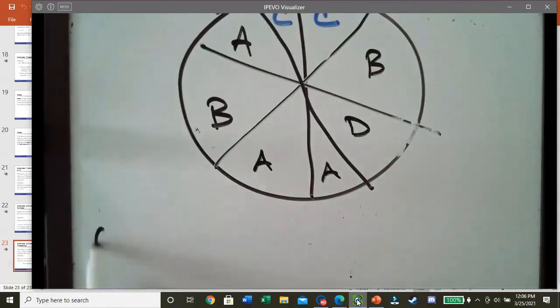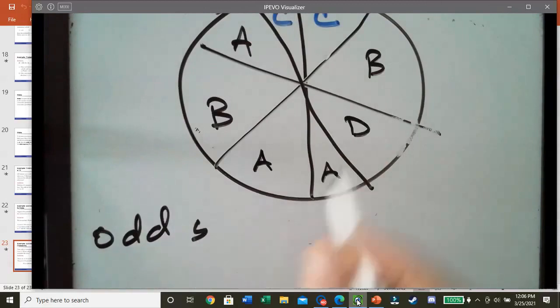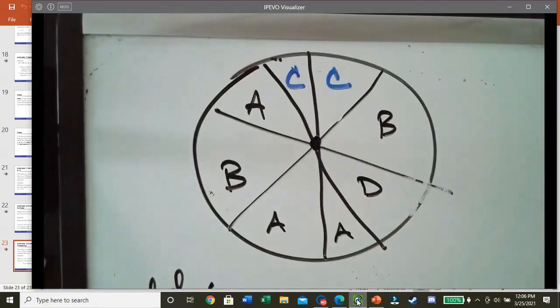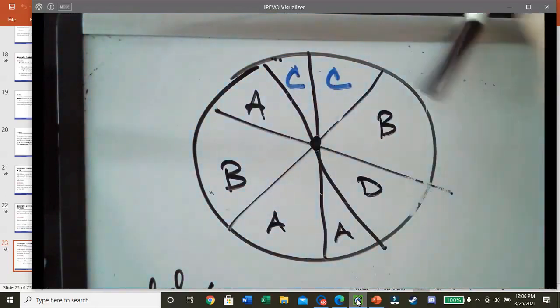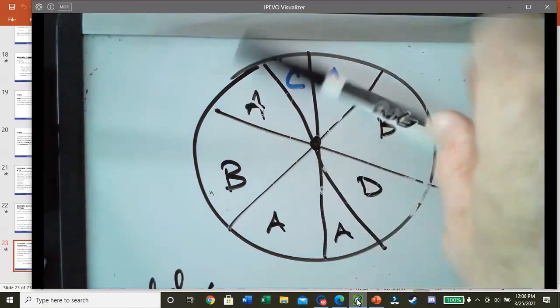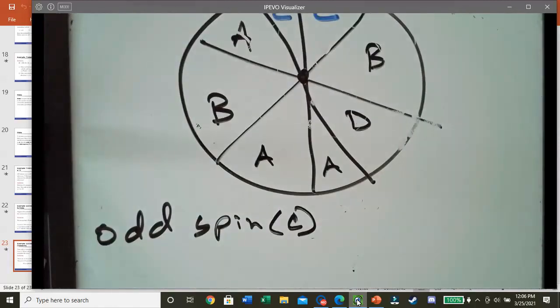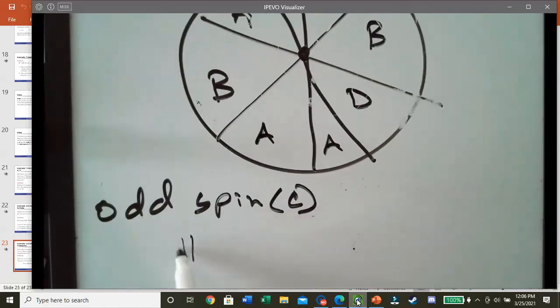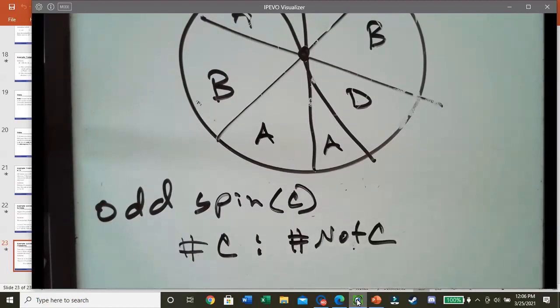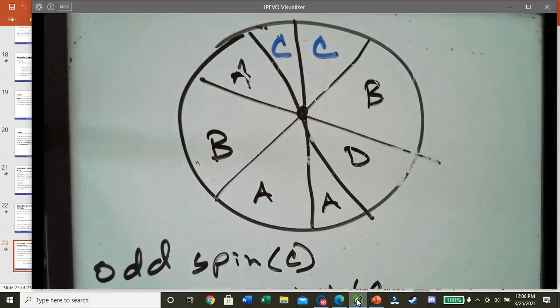And we want the odds of, so this is a spinner, right? Basically, if we have a needle on here and we spin it, we want the odds of spinning it C. So we're looking at the number C to the number not C. How many C's do we have on our spinner? 2.